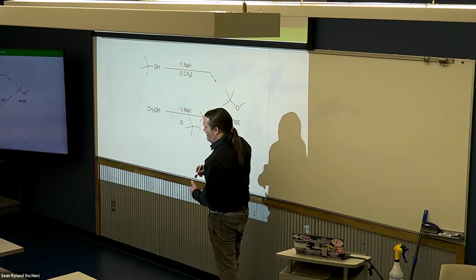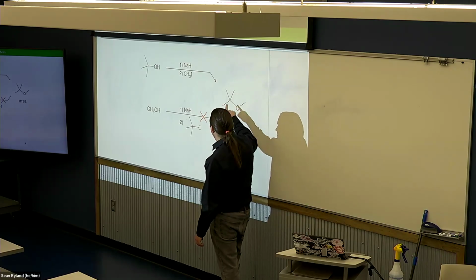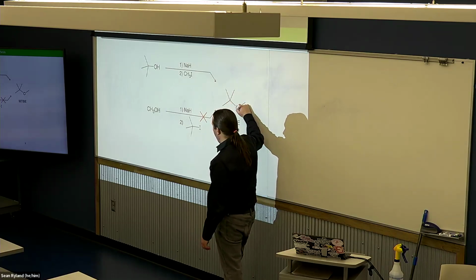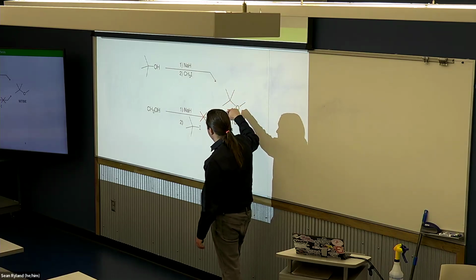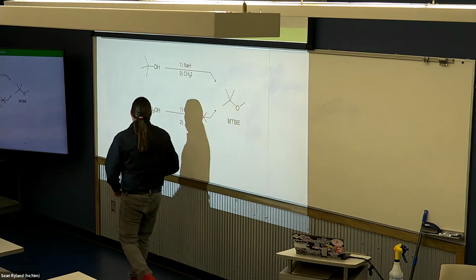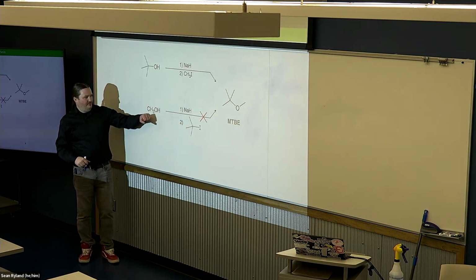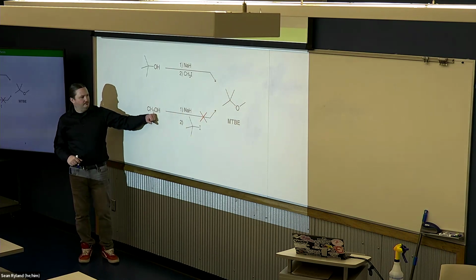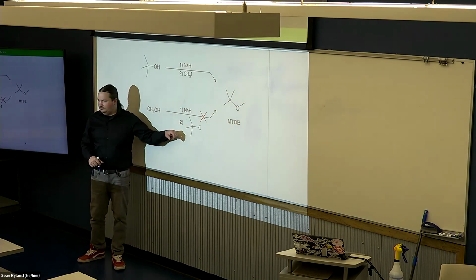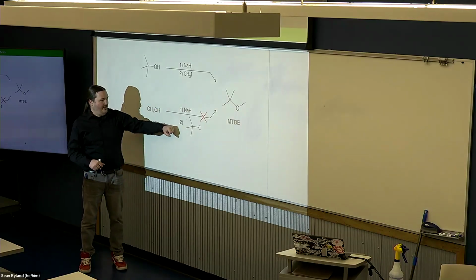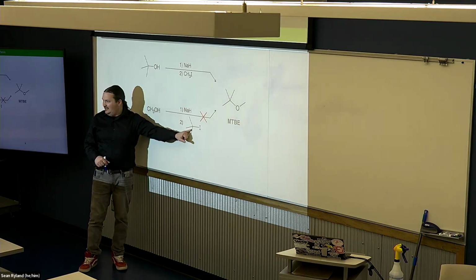The first step works no matter which way we do it, but if we're trying to make a tertiary ether on one side and it's a methyl ether on the other side, we can't start by making the methyl alcohol into our nucleophile, because it can't get in there to attack this tertiary carbon.